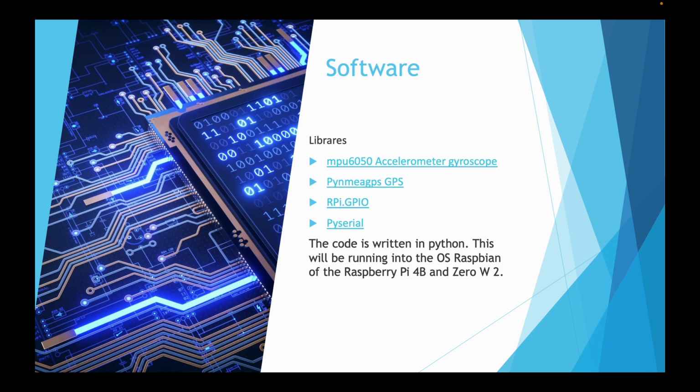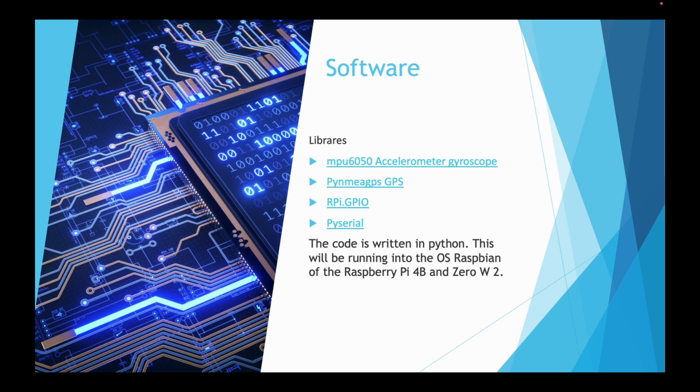For software, I used some libraries. I used the MPU6050 accelerometer gyroscope library, pynmea GPS to read the information from the GPS module, RPi.GPIO to connect the pins from the board, the pinout from the board, and pySerial to connect through the serial port and read the information from the modules.